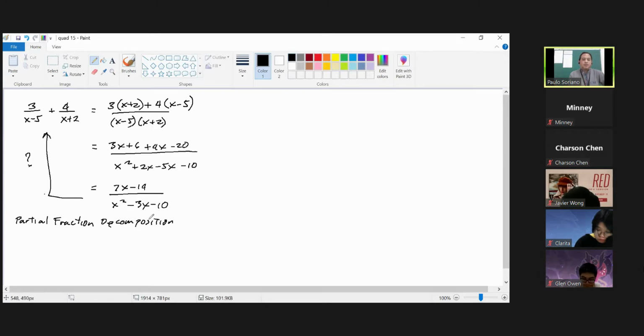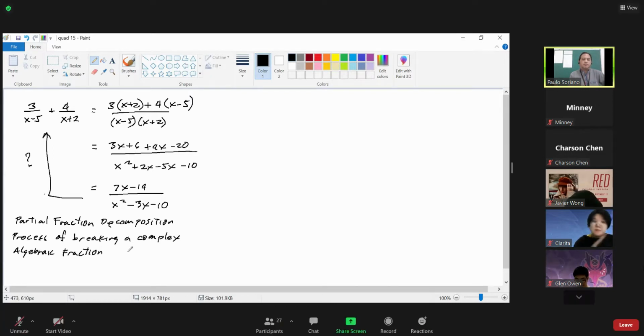Partial fraction decomposition is the process of breaking a complex fraction into simple fractions.